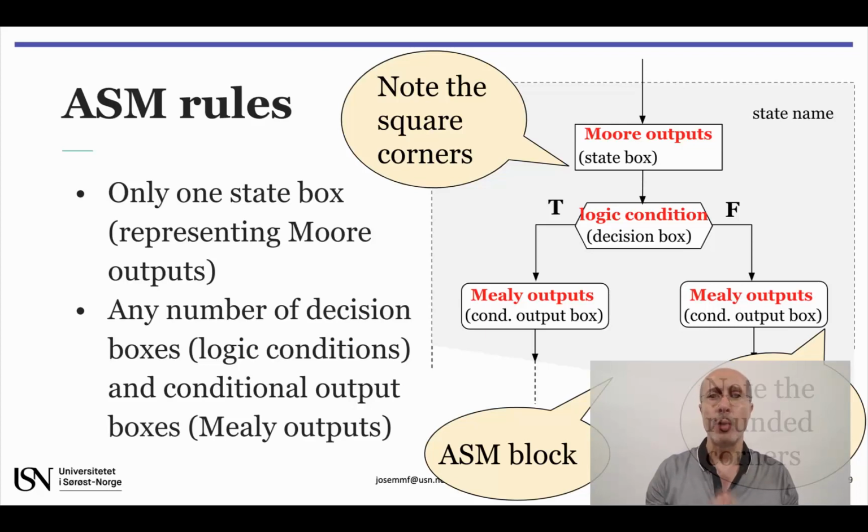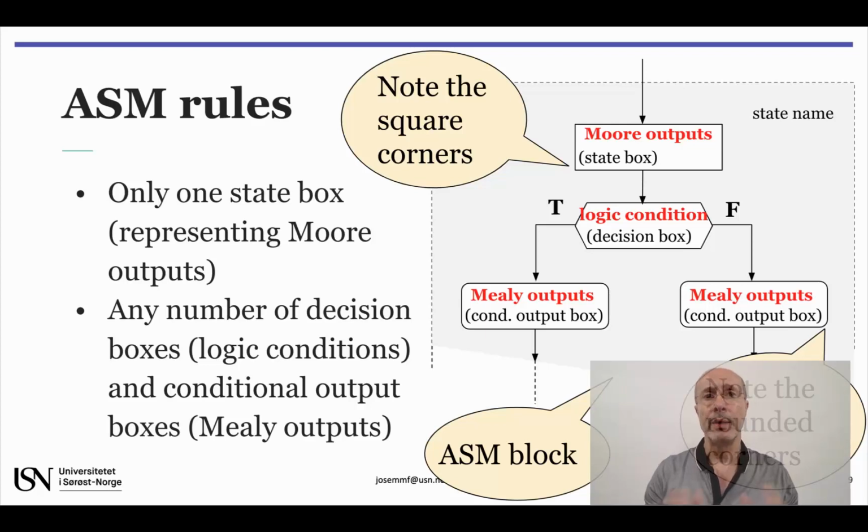It represents one circuit state and comprises three types of elements: state boxes, shown as square corner rectangles located at the entrance of each ASM block and containing Moore assignments; decision boxes, shown as hexagons containing logic conditions and two output paths; and conditional output boxes, shown as round corner rectangles containing Mealy assignments.